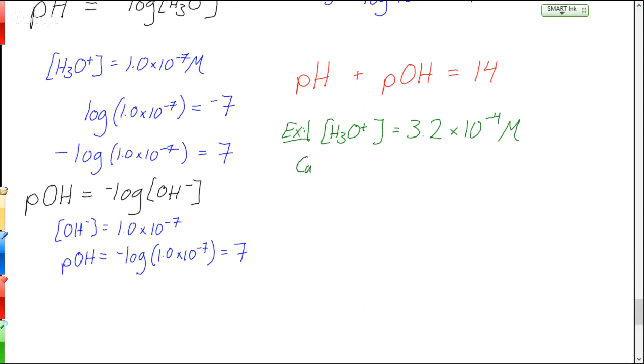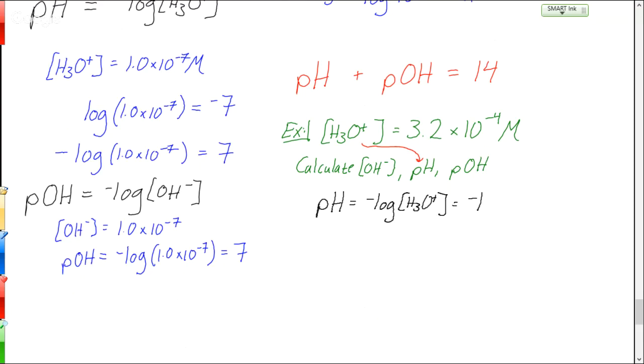Knowing that, we can calculate the hydroxide concentration, the pH, and the pOH. The easiest thing to get from the hydronium concentration right away is the pH, sorry. We can just plug it in the equation. pH equals negative log of the hydronium concentration, which in this case is the negative log of 3.2 times 10 to the minus 4.